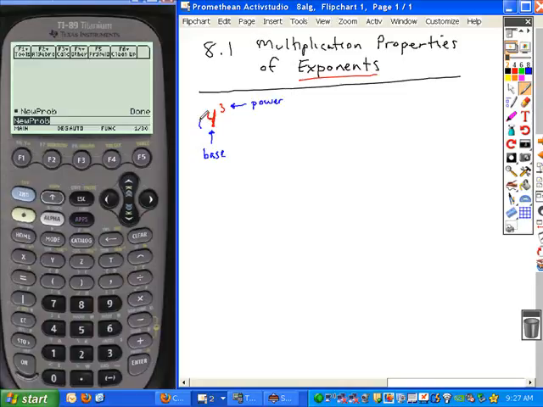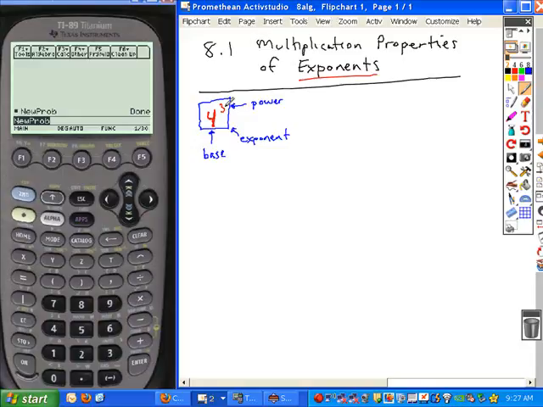And the whole thing itself I'll refer to as the exponent. Oftentimes you'll hear the term exponent to represent this power, but I try to separate it and be distinct about what I'm talking about. And so this exponent has a base of 4 and a power of 3.